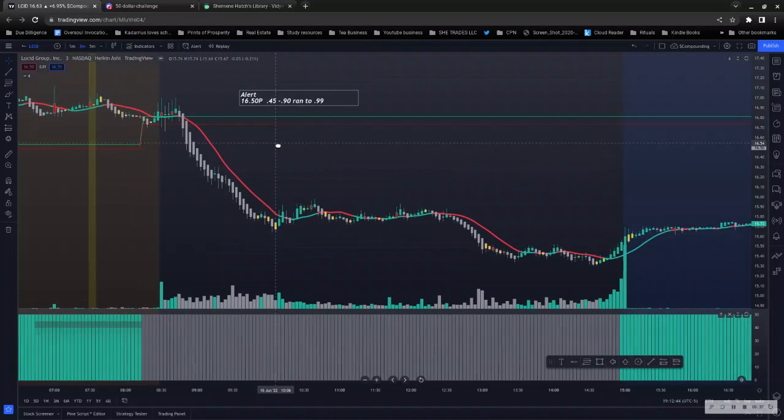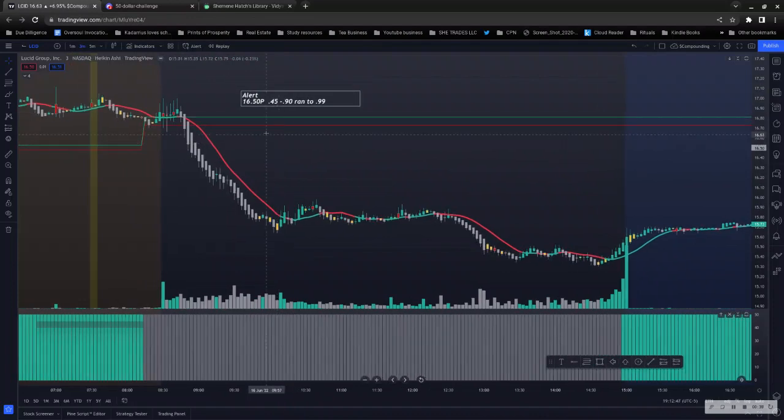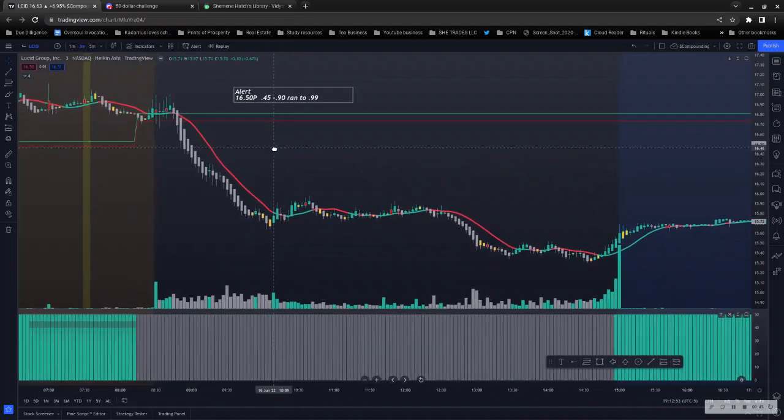So this is going to be a trade recap for the Lucid alert that was posted, I think Thursday. So as the market opened, we had multiple rejections here at the 16.99 level. With that many rejections, and also it could not get above the pre-market level here, and also we have selling pressure.